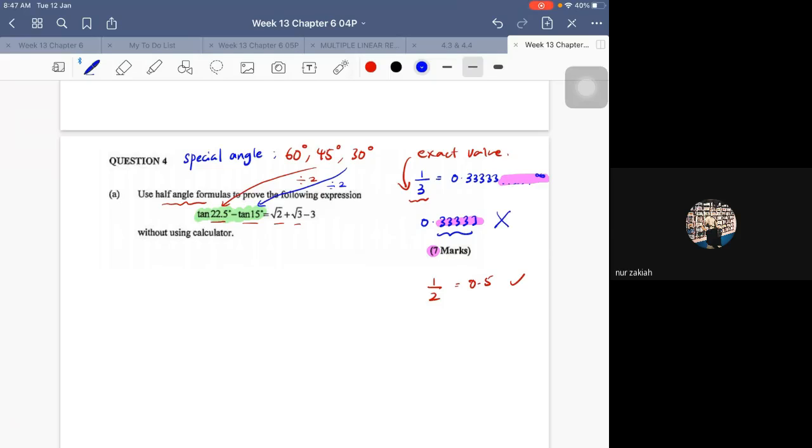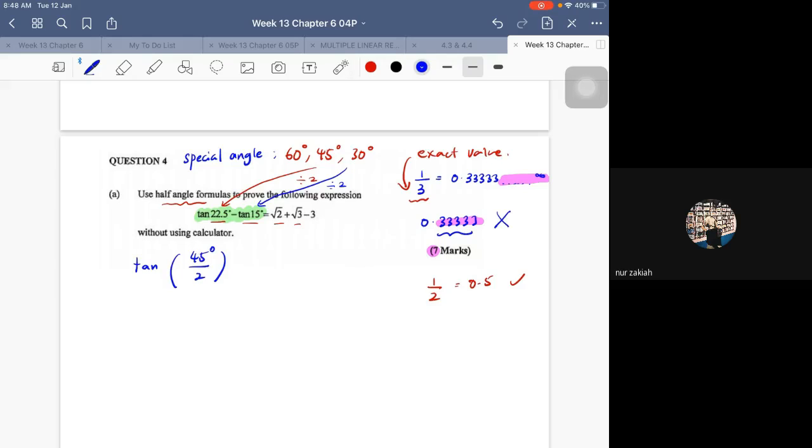Okay. So now knowing that, kita akan pakai special angle. So what I'm going to do is, kita akan change the form of our angle and make it into a different form. So instead of jadikan dia dalam bentuk tangent 22.5 degree, I akan tulis dia sebagai tangent of 45 degree bahagi dengan 2.